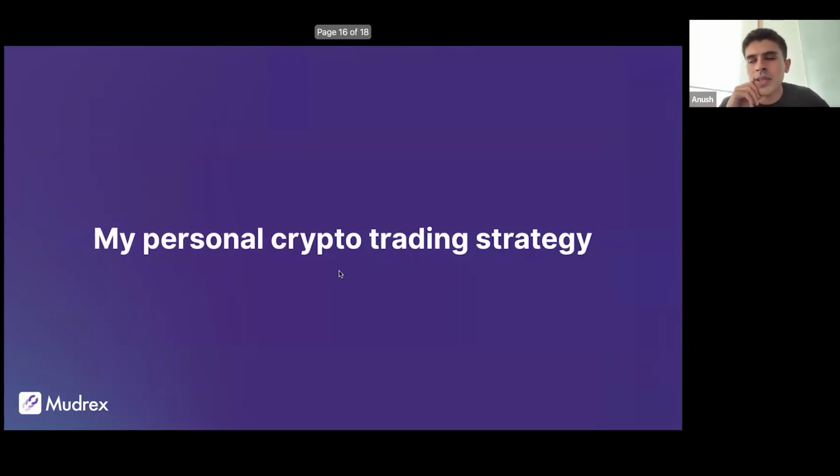These data points can tell you what's happening behind the scenes. For example, if Bitcoin's price is dropping suddenly, but whales are actually buying up Bitcoin, that will signal a huge bullish reversal to me.